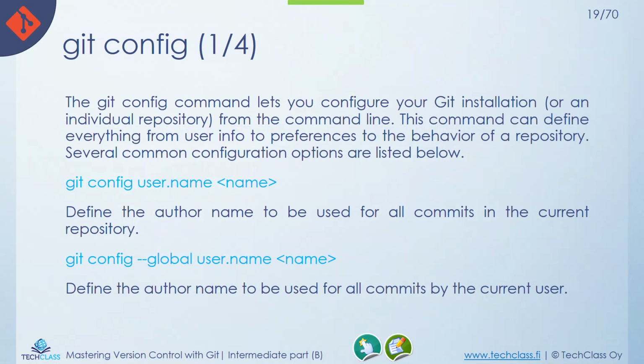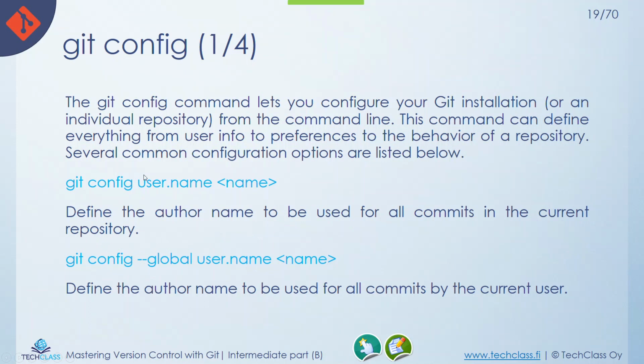And you can also apply some configuration for your repository. You can use the git config command. Here are some options that you can use. You can define your username. The whole thing with Git, when you're applying commits and changes to the repository, is to know who did that and who pushed these changes to the repository.